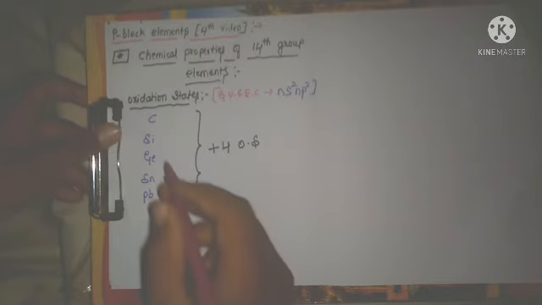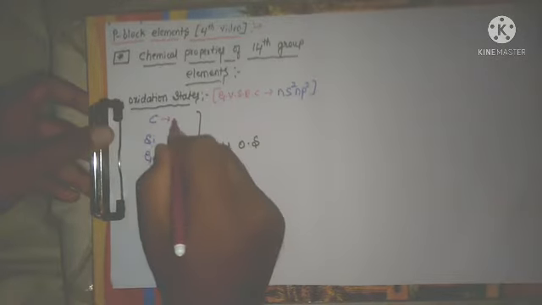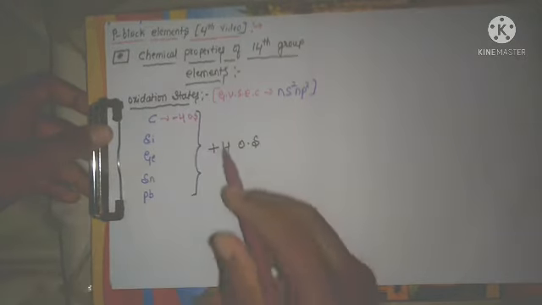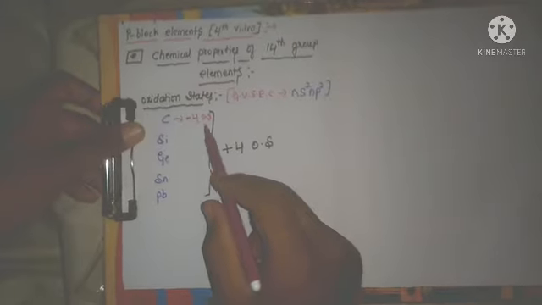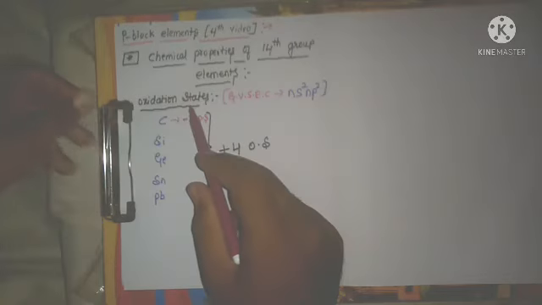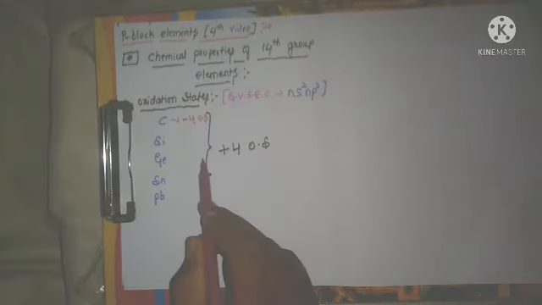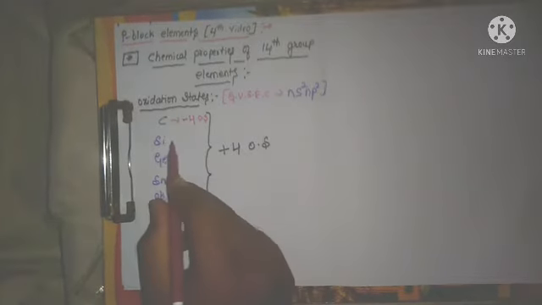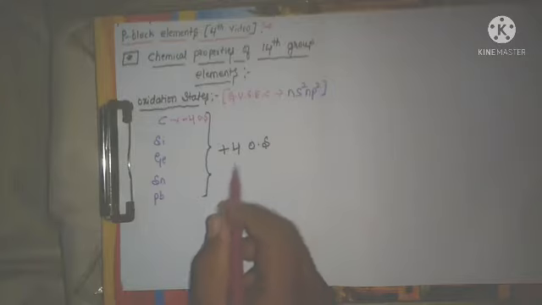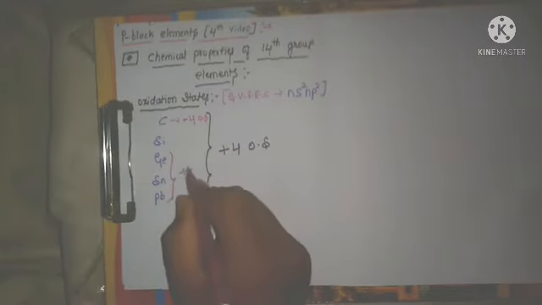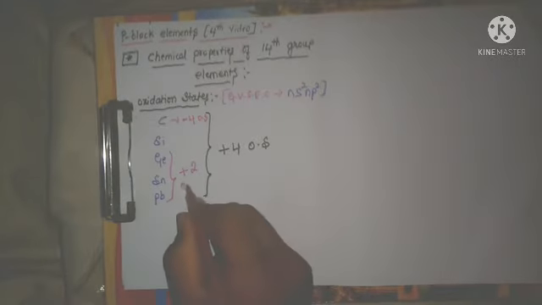And the new thing is, carbon can also show the -4 oxidation state. Means carbon can show both +4 and -4 oxidation states, whereas silicon shows only the +4 oxidation state. And these three, germanium, tin, lead, can also show the +2 oxidation state.